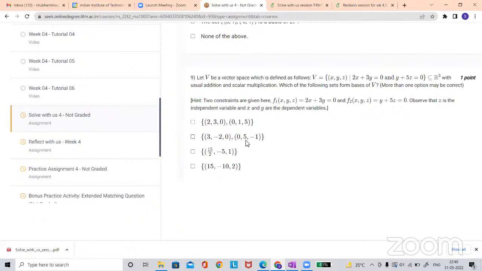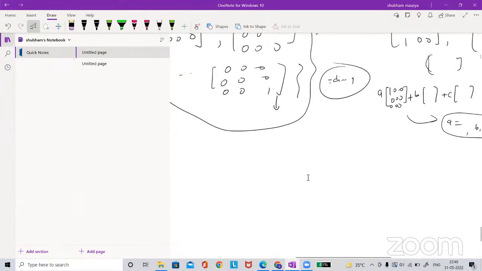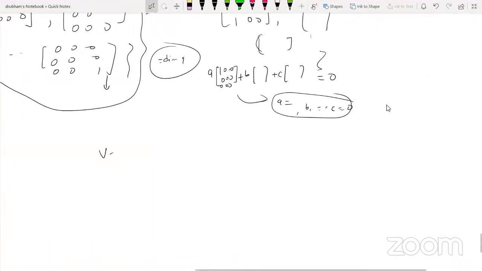Okay. It's better to write here, maybe any of you will have confusion. V is equal to the set of (x, y, z) such that 2x plus 3y is equal to 0, and it's a subset of R3.